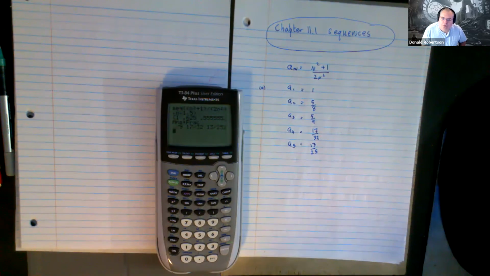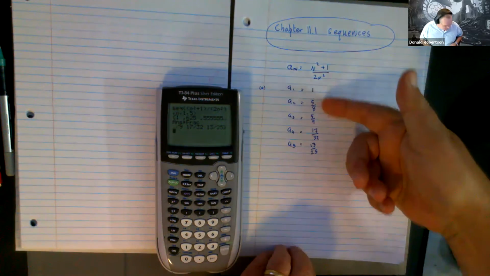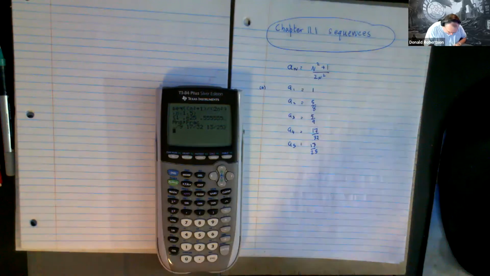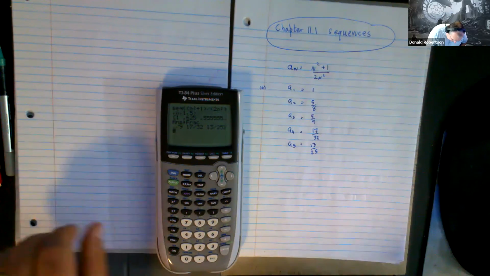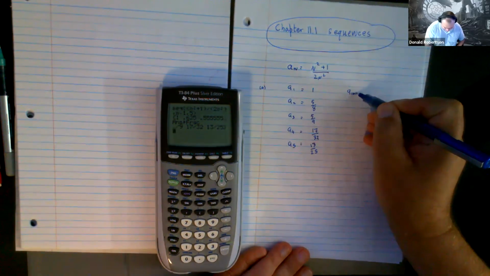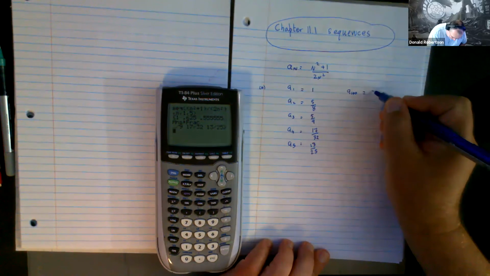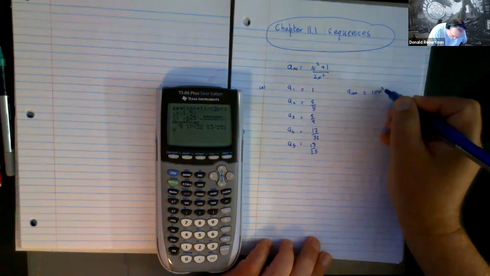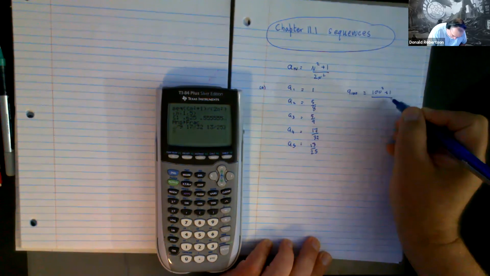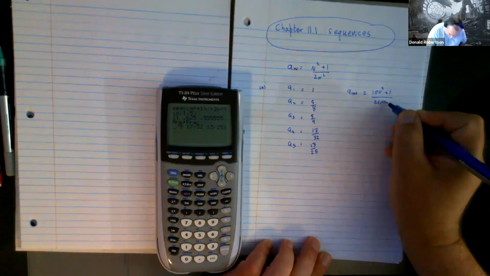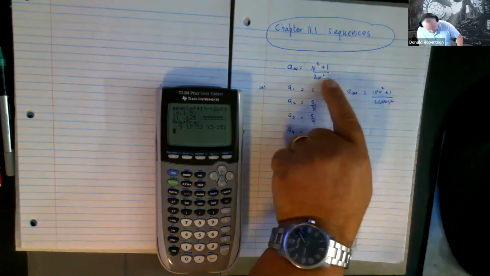Now, what would you want to do with sequences? Well, let's say you want to find them. We know how to do that. If somebody said to you, let's find the 100th term. Well, it's a bit messy, but couldn't you do 100 squared plus 1 over 2 lots of 100 squared, right? Now, in that case, I wouldn't use this, right?